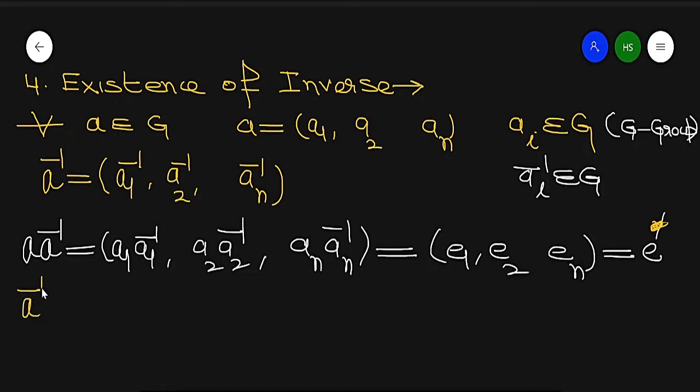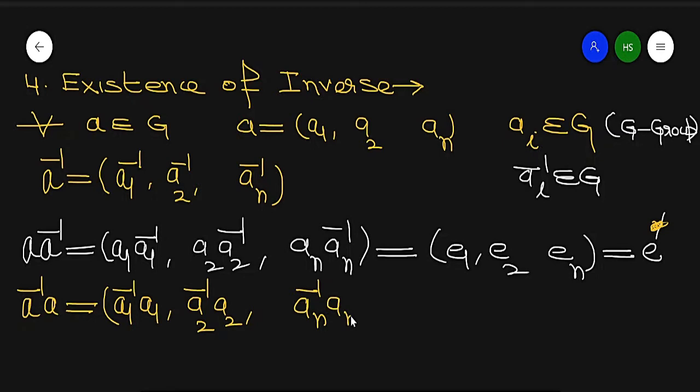Similarly, a inverse times a. This product will become (a1 inverse a1, a2 inverse a2, ..., an inverse an). Again this value is equal to (e1, e2, ..., en). So this is equal to e.